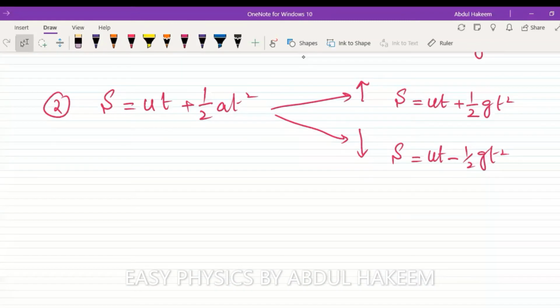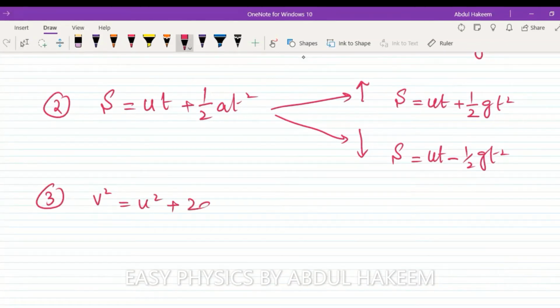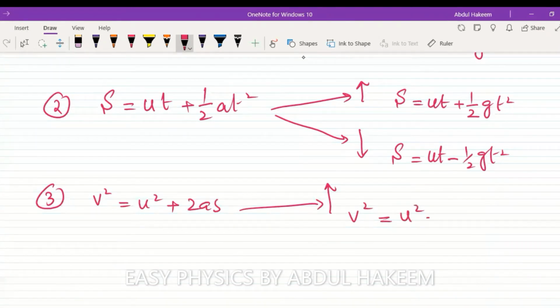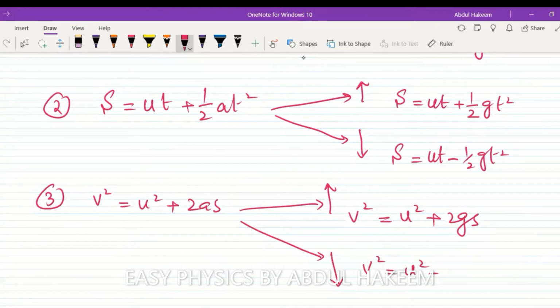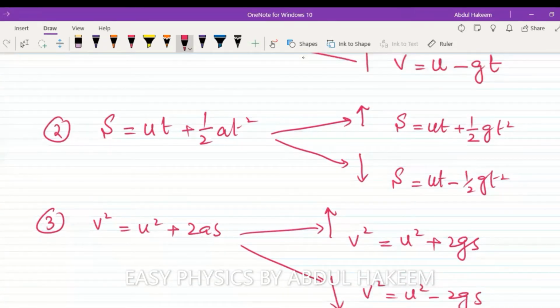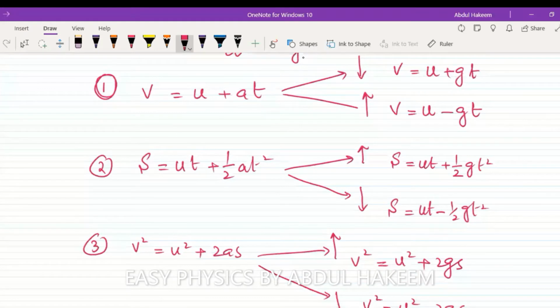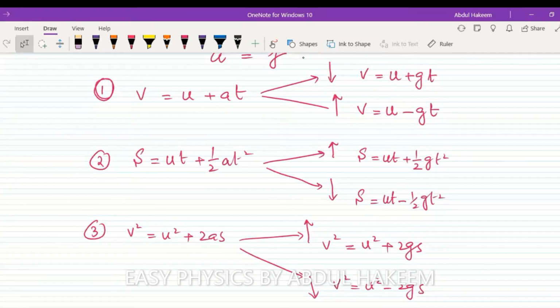And similarly, the third equation, v² = u² + 2as: for the downward motion, it will be v² = u² + 2gs, but for the upward motion, v² = u² - 2gs. So look at the equations for free fall, upward and downward. For the downward, plus g in the equation, and upward, negative g in the equation.